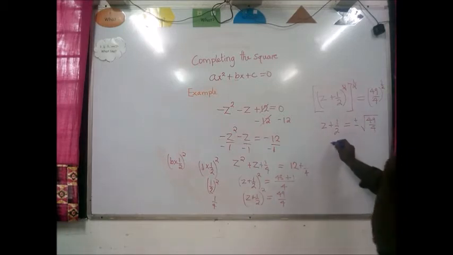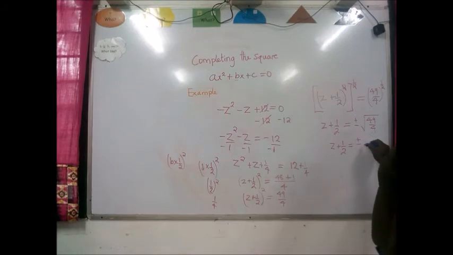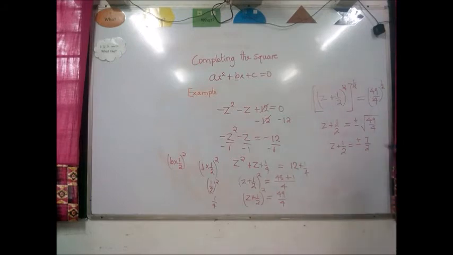And then we say z plus half is equal to plus or minus 7 over 2, because the square root of 49 is 7 and the square root of 4 is 2.